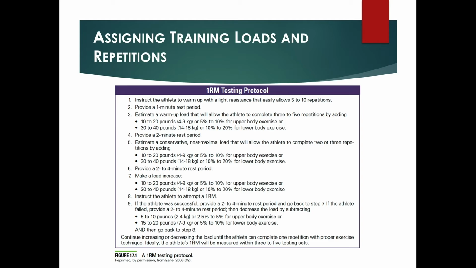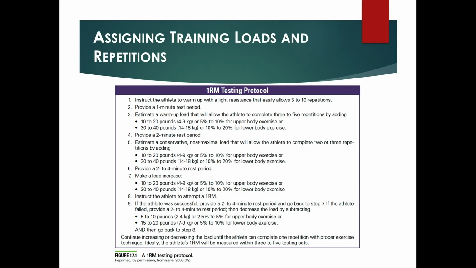Once they complete those 3 to 5, rest 2 minutes, add the same amount, and have them do 2 to 3 repetitions, increasing by the same amount as we just talked about. Then provide a 2 to 4 minute rest, do another load increase, and then do a 1RM, a 1 rep.